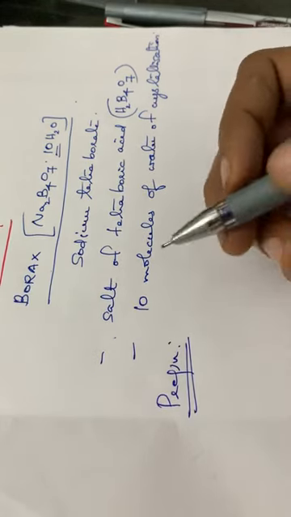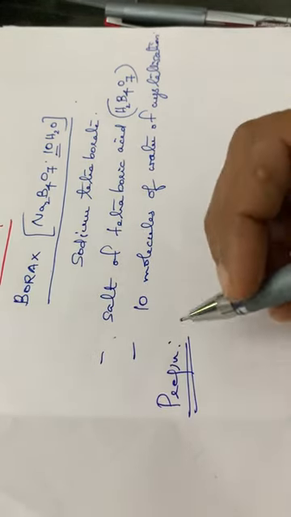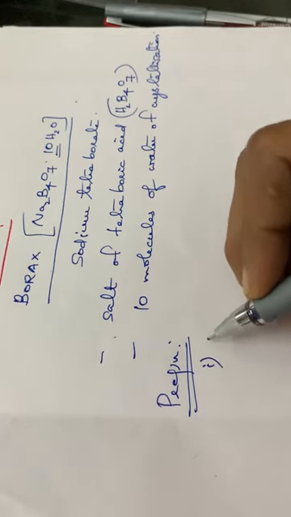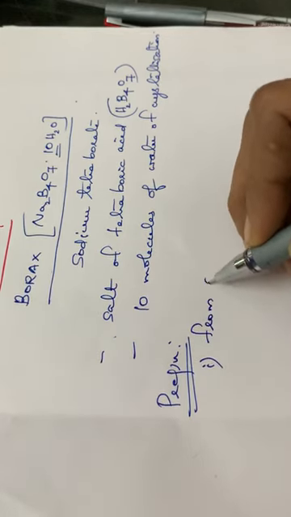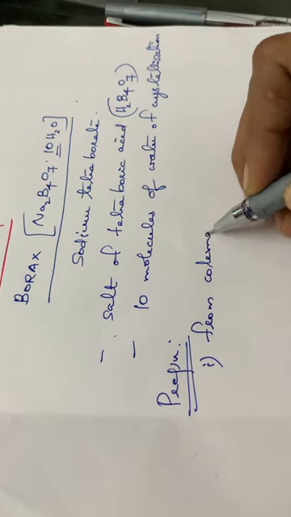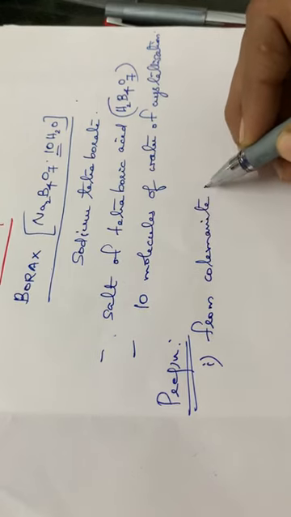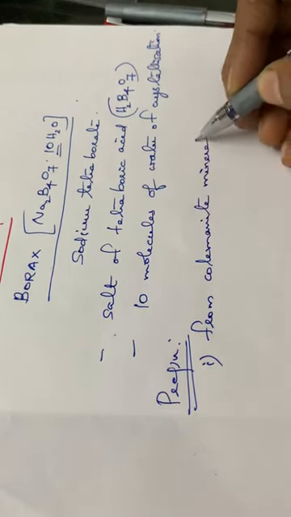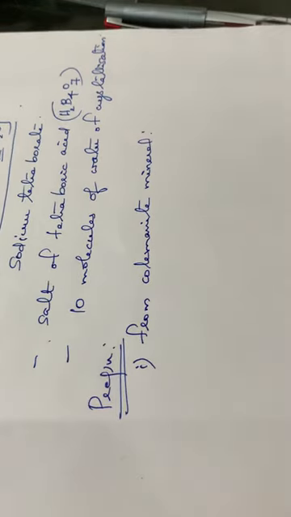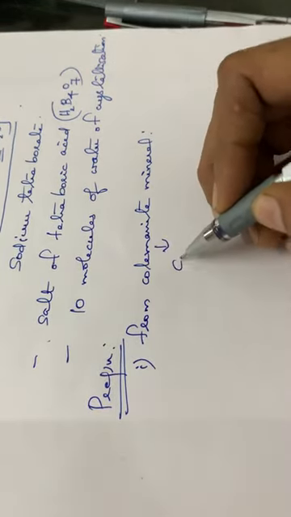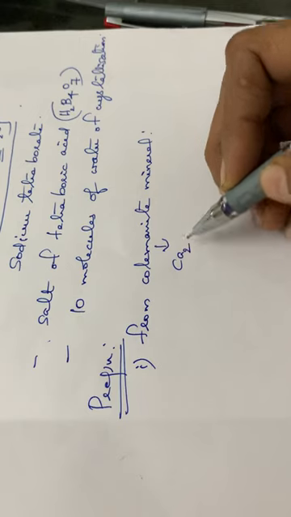The first method of preparation is from colemanite mineral. The formula for this colemanite mineral is Ca2B6O11.5H2O. It is a calcium salt.